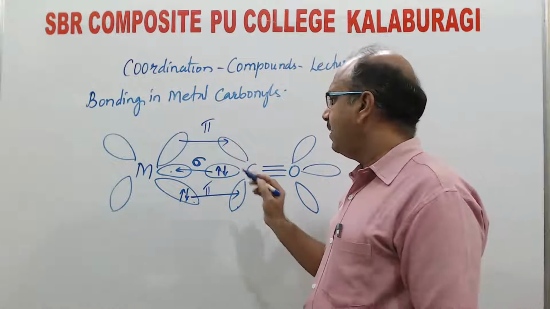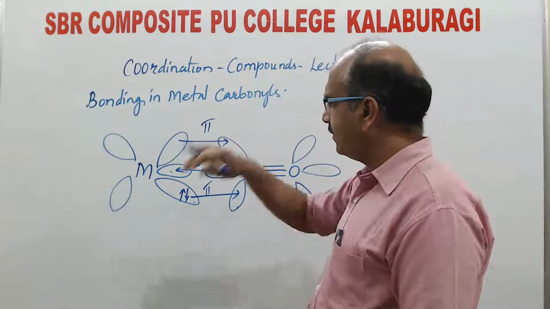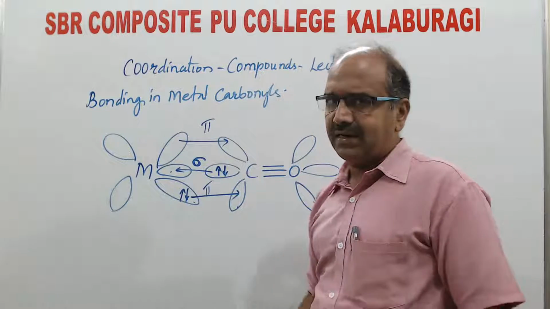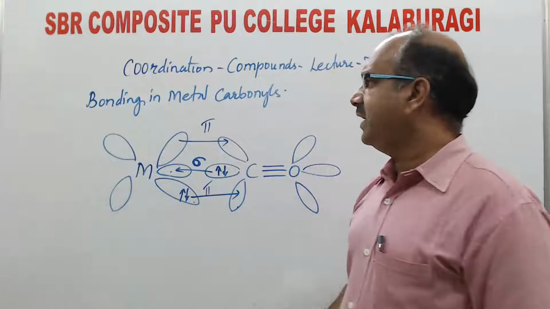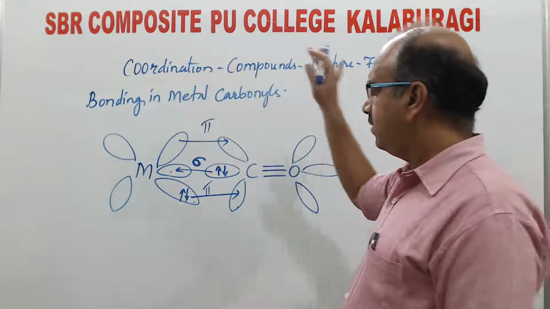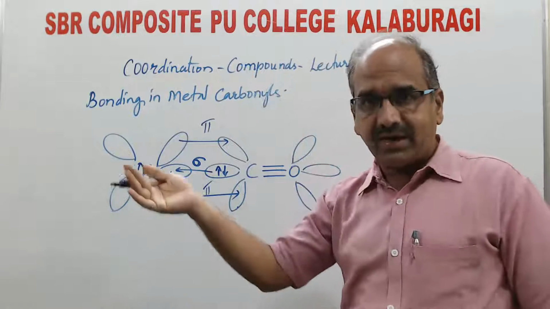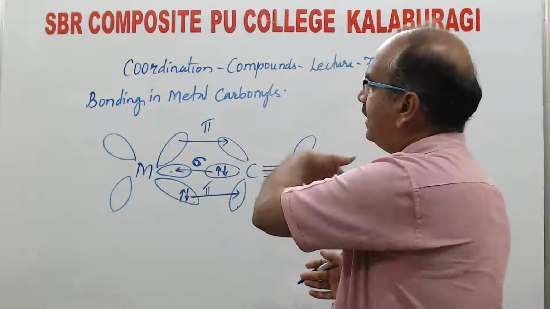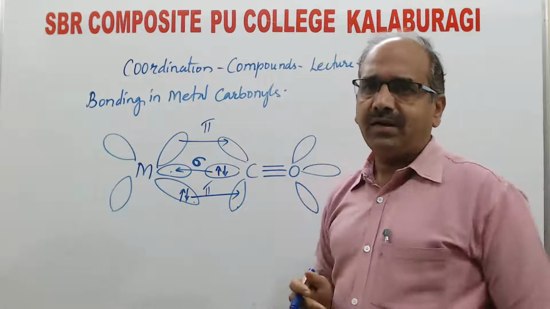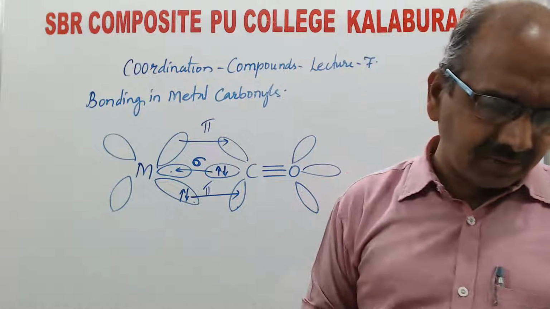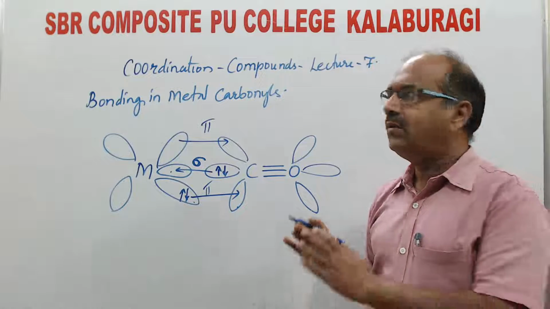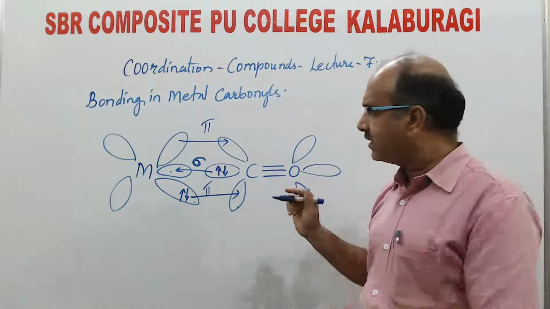Sigma bond is formed because of the electrons being donated from the carbon towards the metal. Pi bond is formed because electrons are donated from the metal, whose pi star antibonding orbital is involved, and the p orbital of the carbon atom, and that gives rise to pi bonding.